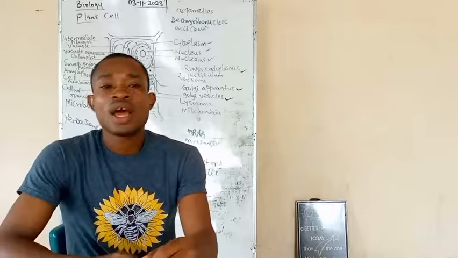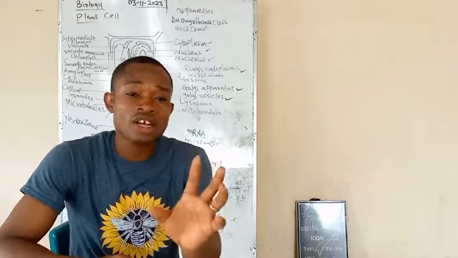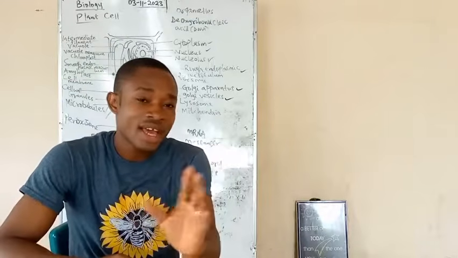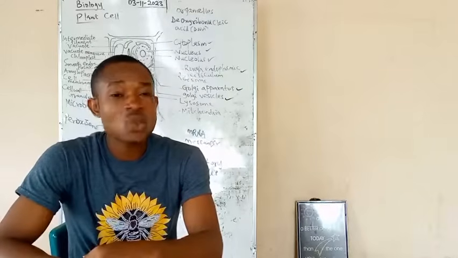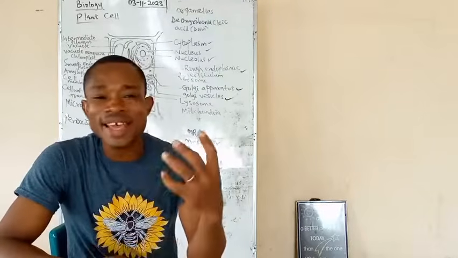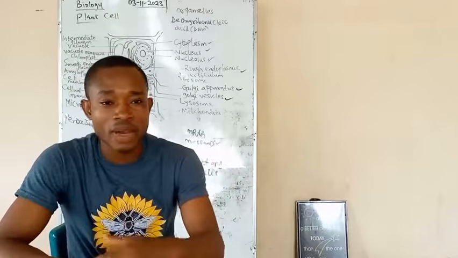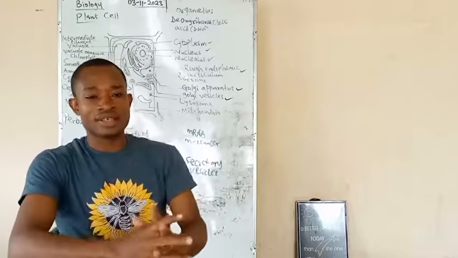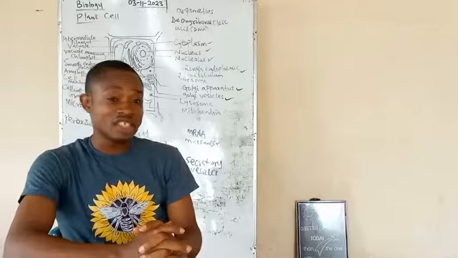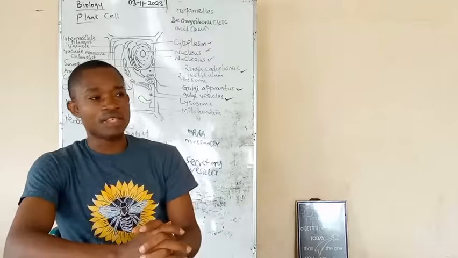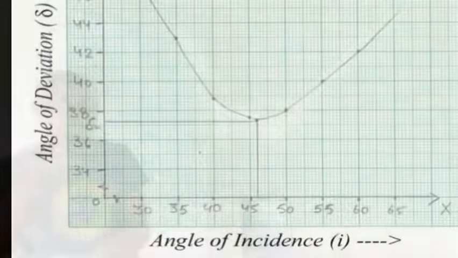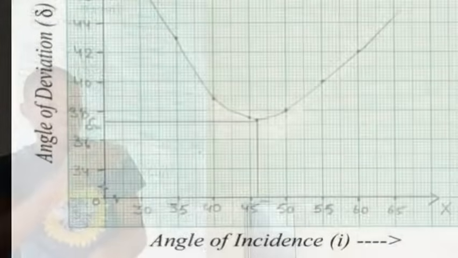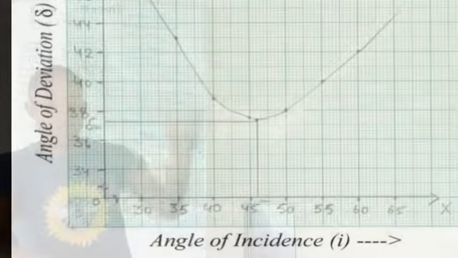Like I said, I plotted a graph of angle of deviation D against angle of incidence I. At what angle of incidence will I get the minimum deviation? Please watch the screen as the graph of D against I displays. Now you observe that this graph is a curve.